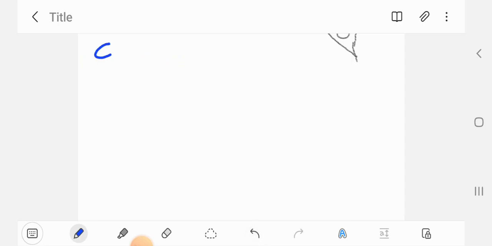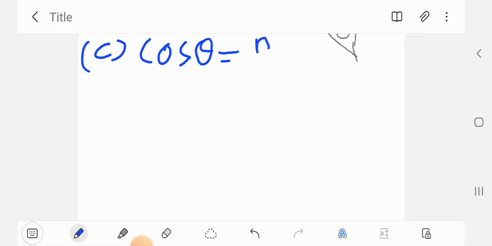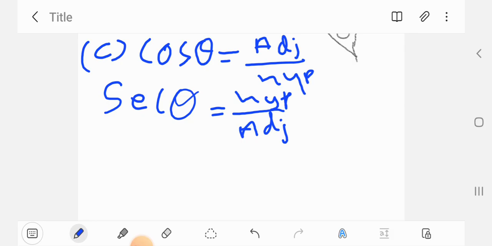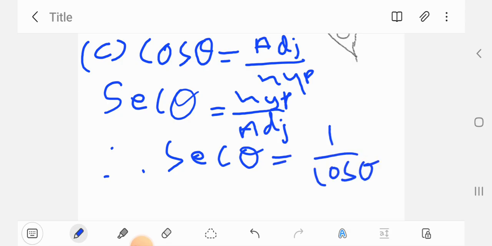For number C, cos theta equals adjacent over hypotenuse, and sec theta is the opposite of cos theta: hypotenuse on the top and adjacent at the bottom. Therefore, sec theta equals 1 over cos theta.